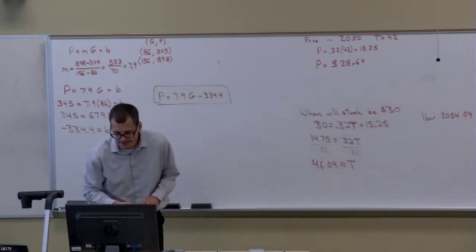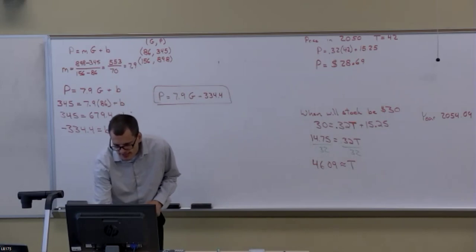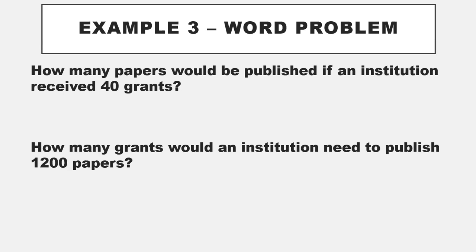Once I've created that linear equation, then I can use it to solve some other problems. I can say things like, around how many papers would be published if an institution received 40 grants?